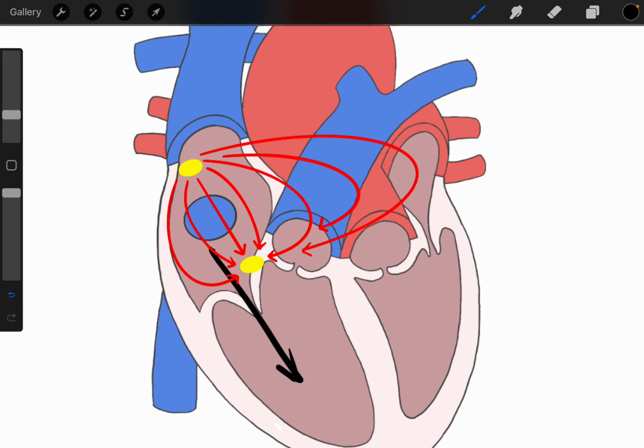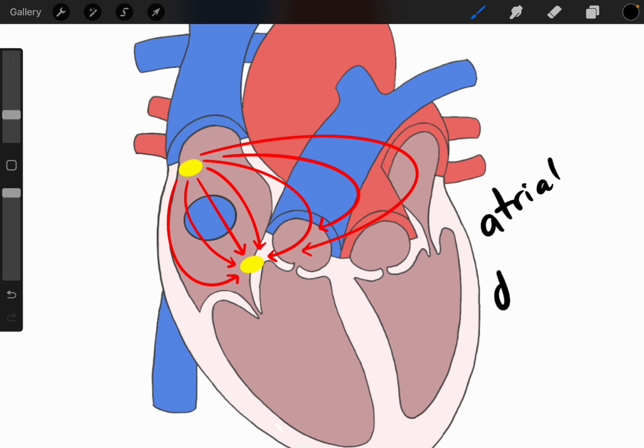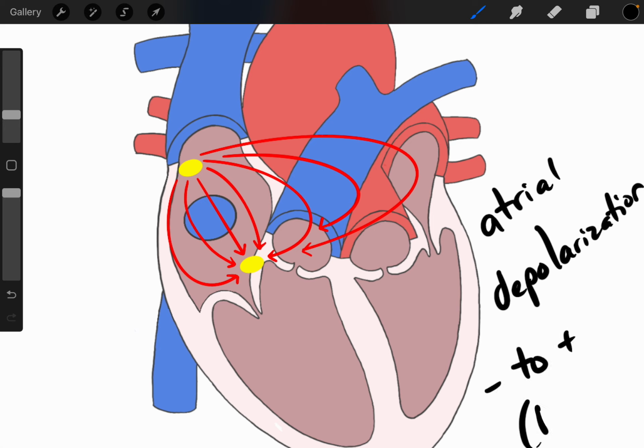So what we are looking at is what we're going to call atrial depolarization. Atrial depolarization, which all that means, once again, is that the muscles around the atria are being changed from negative to positive through the use of sodium.